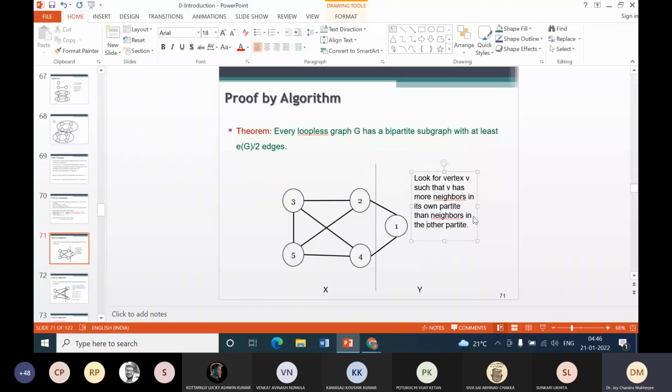You should look for those vertices V which have more neighbors in their own partite.